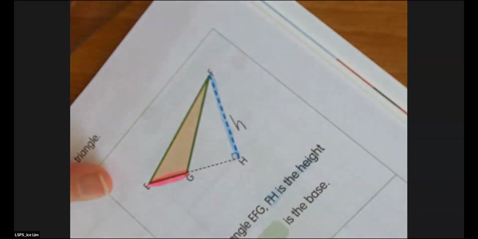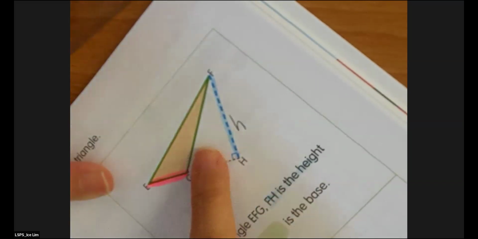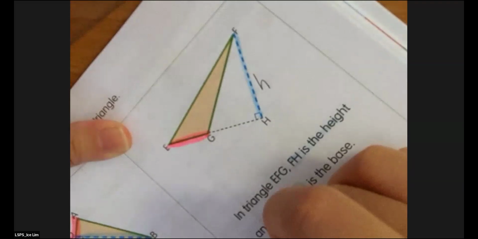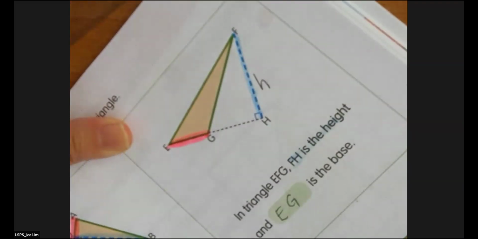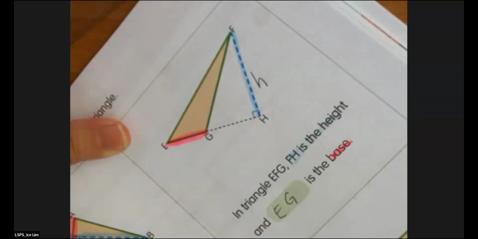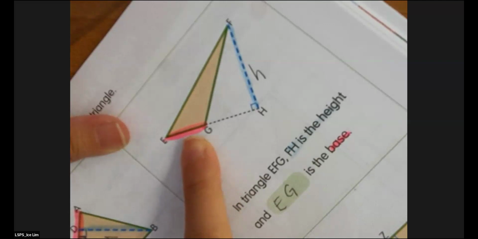No, H is not part of the base side already. H is already outside, so it's only EG. Remember, base is always one side of the triangle.